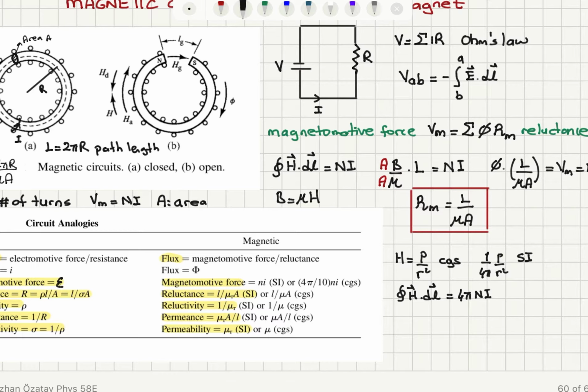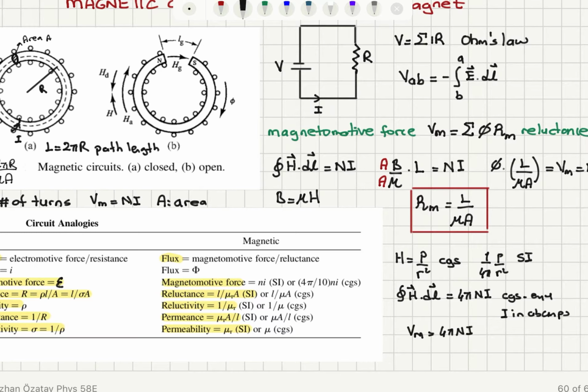Therefore, if the current is given in ab amps, so this is CGS EMU, you would find that the magnetomotive force Vm should be given as 4 pi Ni.